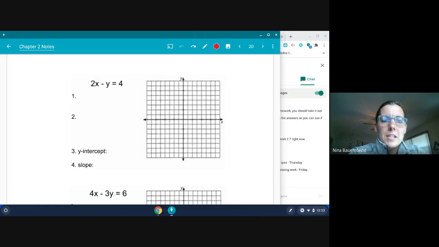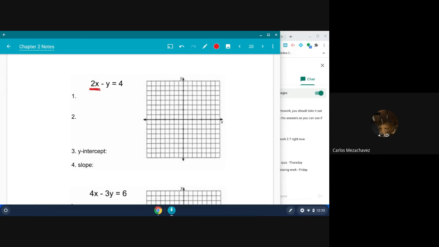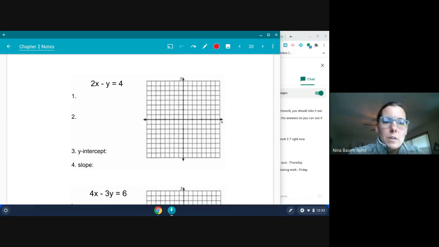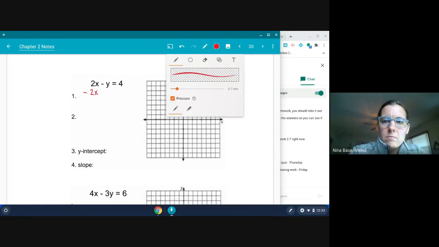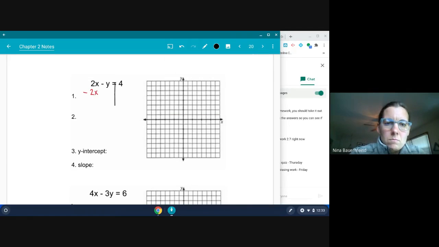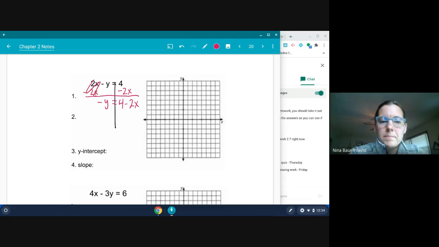Is that positive or negative? Is it positive? Yep. So to get rid of it, we would need to subtract it. So these would disappear. We'd have negative y equals 4 minus 2x.